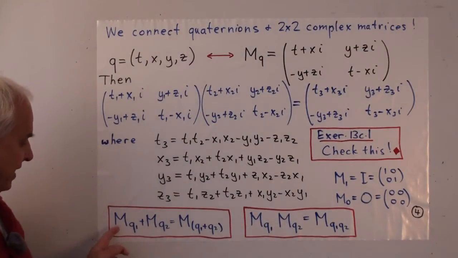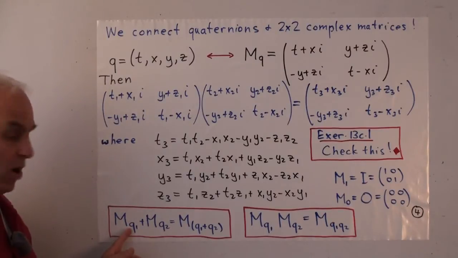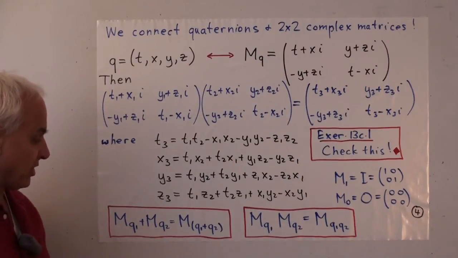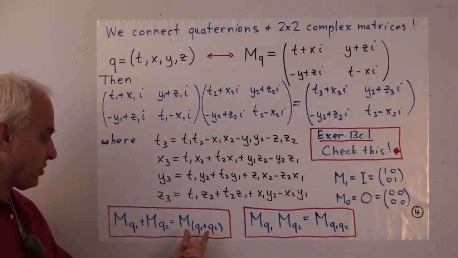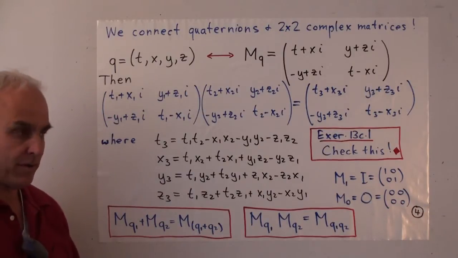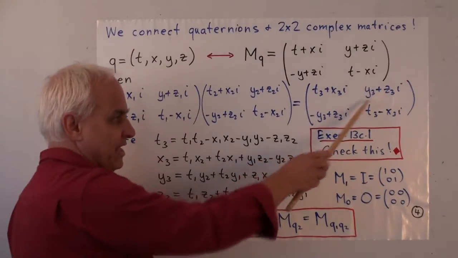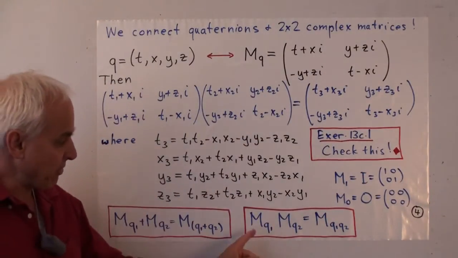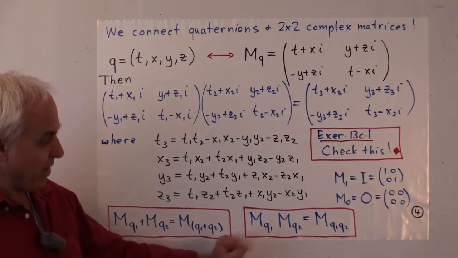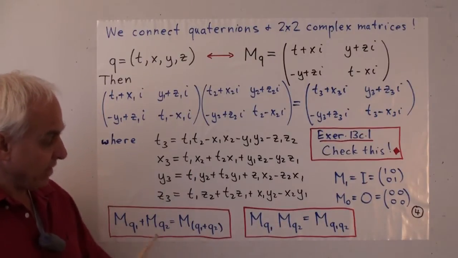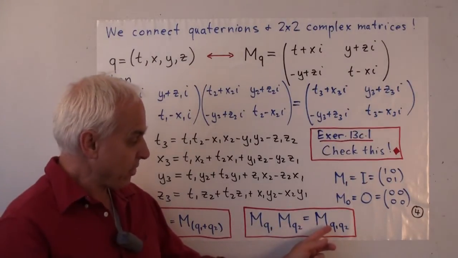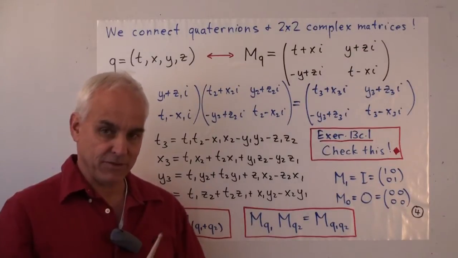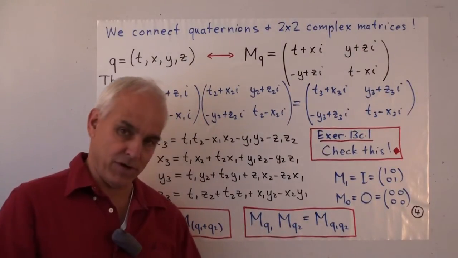In other words, if you have the matrix associated to Q1 and you add to it the matrix associated to Q2, you get the matrix associated to Q1 plus Q2, basically because all these entries appear linearly here. And this establishes that the matrix MQ1 times the matrix MQ2 is really the matrix MQ1Q2, the matrix associated to the product of the two quaternions.